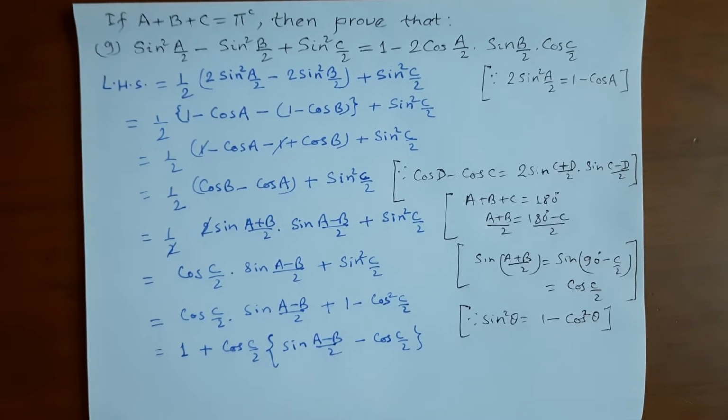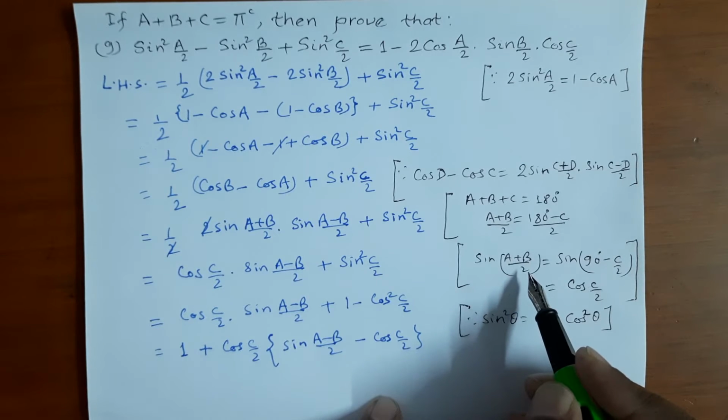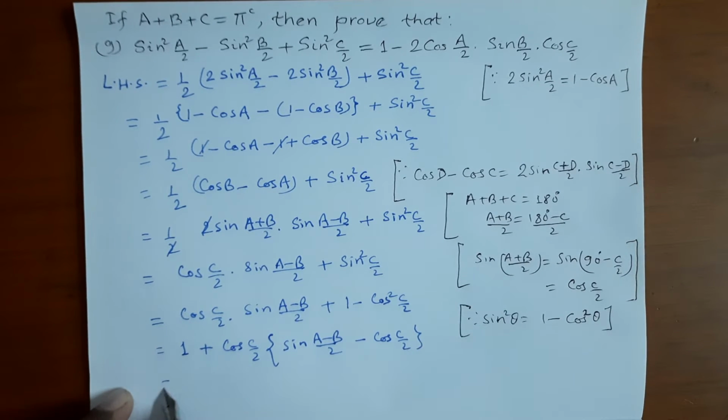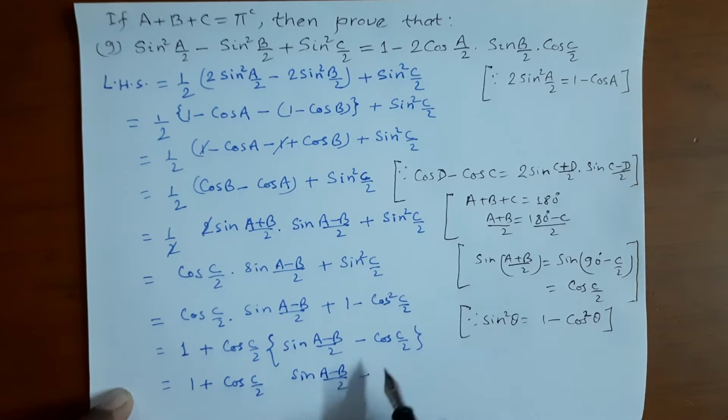Okay, we can write it this way. And now this cos(c/2) is sine (a plus b)/2, so that can be changed. 1 plus cos(c/2) times sine (a minus b)/2 minus sine (a plus b)/2. You can write it this way.